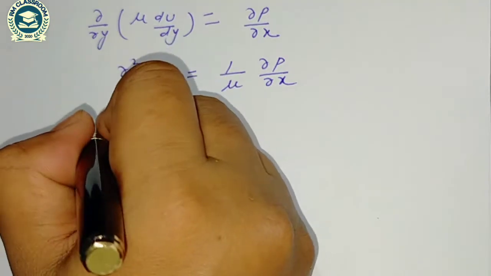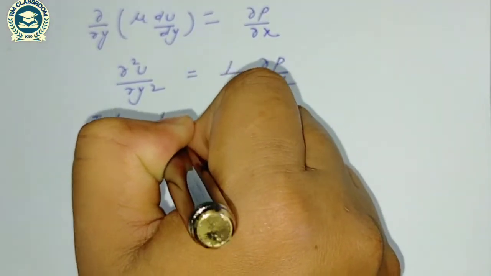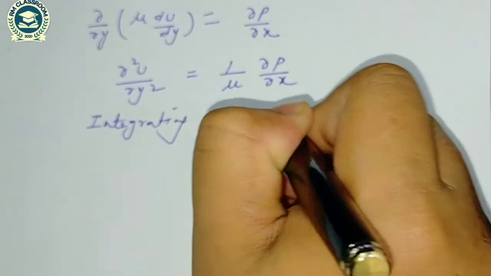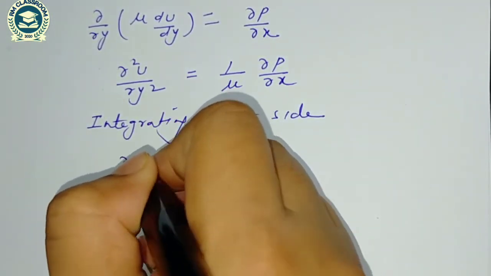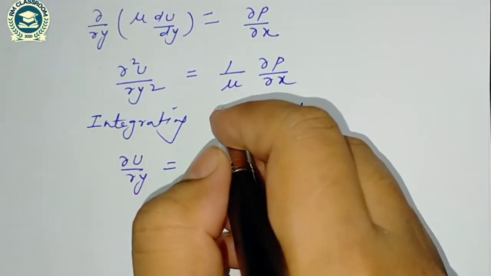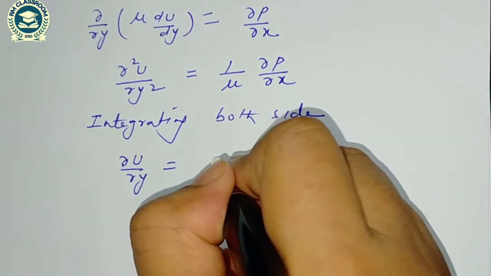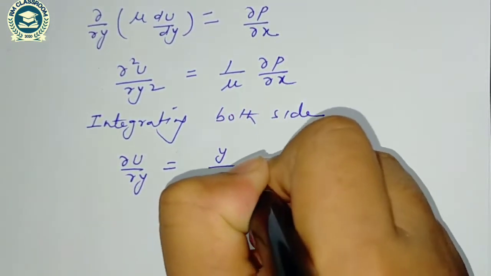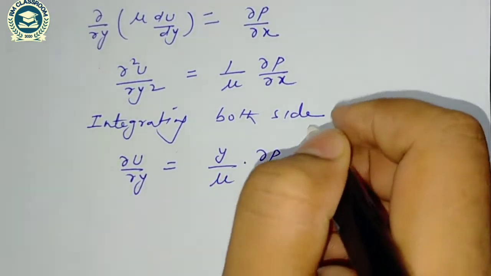Integrating the equation on both sides, it will look like del u by del y is equal to, here x is constant, so y by mu into del p by del x plus c1.